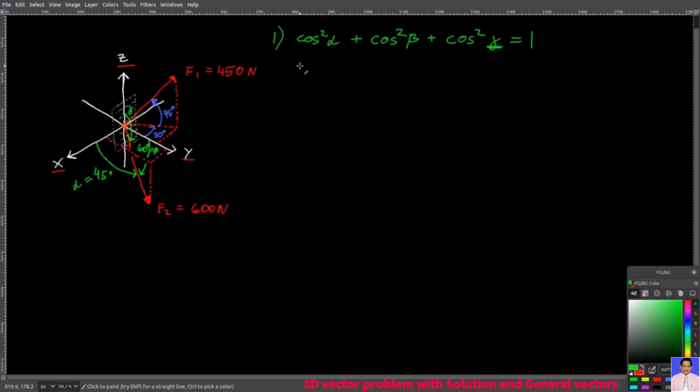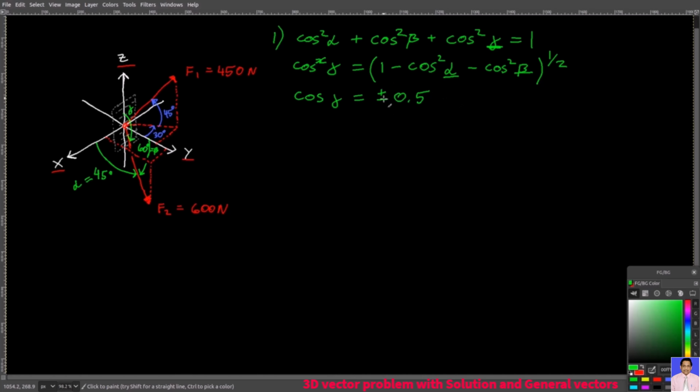So I can write cosine squared gamma equals, and then I can rearrange this equation like this. I can replace alpha with 45 degrees and beta with 60 degrees. Then I can take the square root of this equation, and that means that this 2 will go away, and so I will have cosine gamma equals plus minus 0.5.